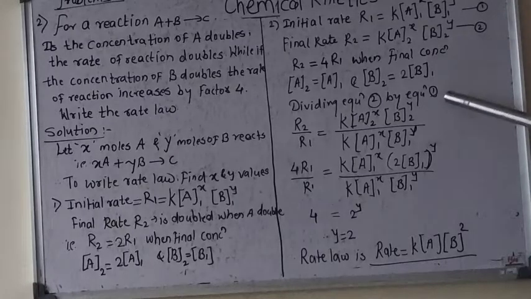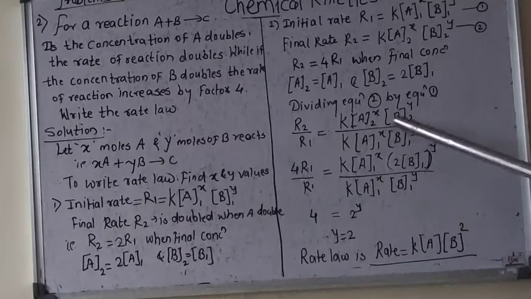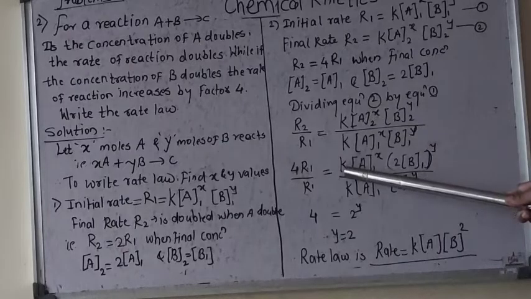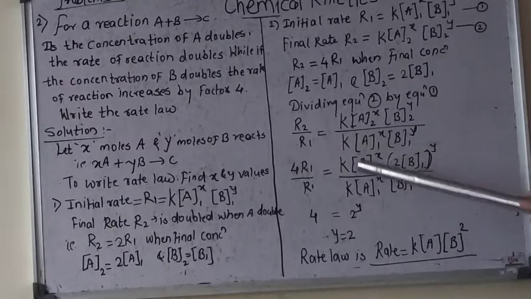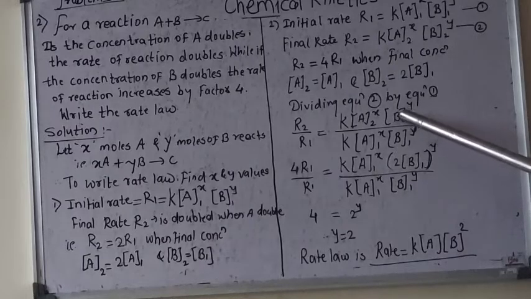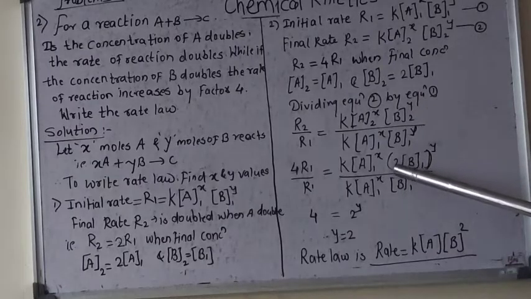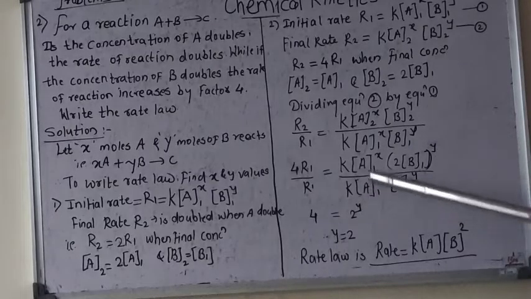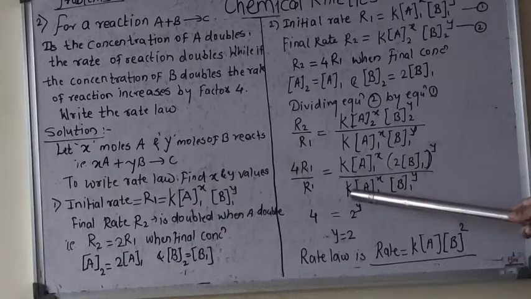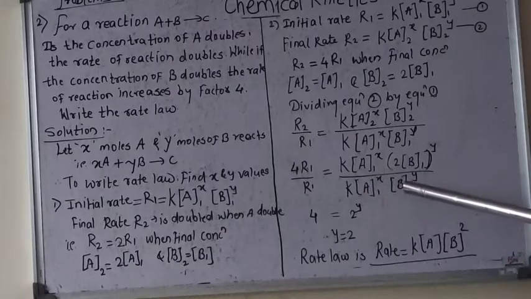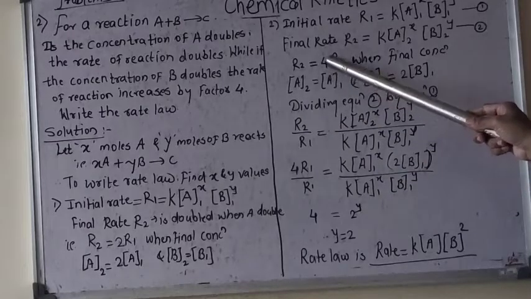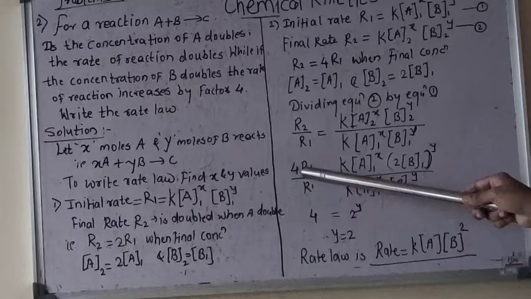Dividing equation 2 by equation 1, we substitute: K times A1 to the power of X times, instead of B2 to the power of Y, twice B1 in brackets to the power of Y, divided by K times A1 to the power of X times B1 to the power of Y. Instead of R2 we substitute 4R1.